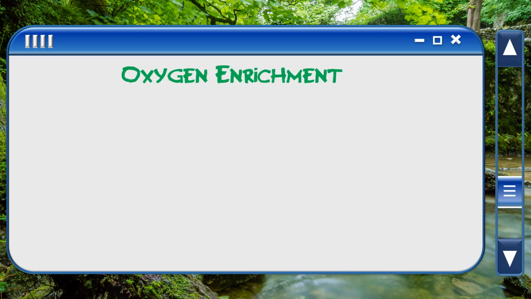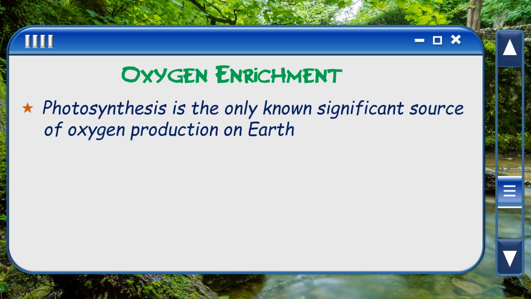Oxygen enrichment. Now, we have been talking about the origin of cells, and we have seen that oxygen is necessary for these processes to take place. Then how did oxygen accumulate in the atmosphere when it was not there? Here, it is believed that photosynthesis is the only significant source of oxygen production on the Earth's surface.